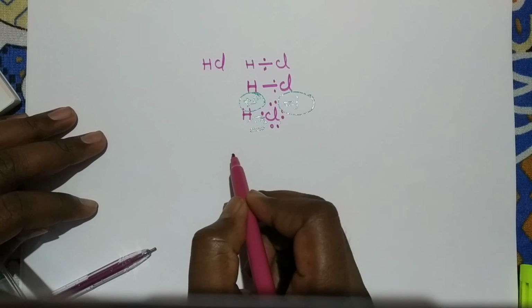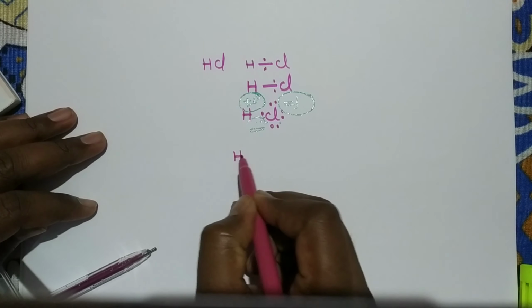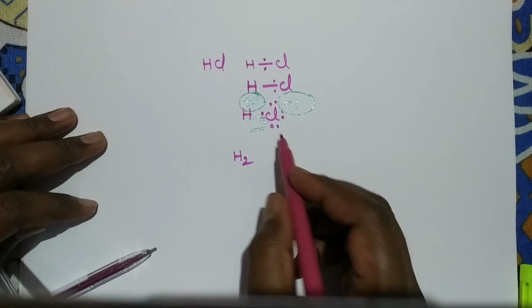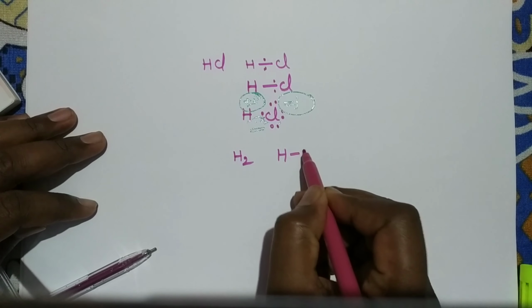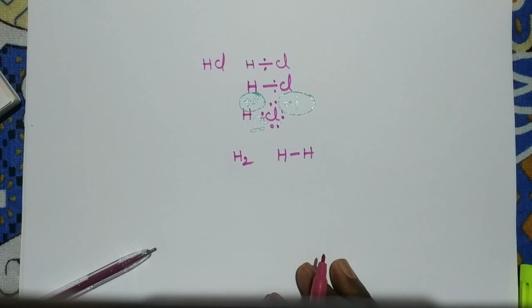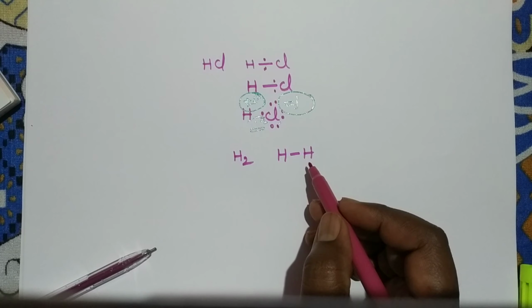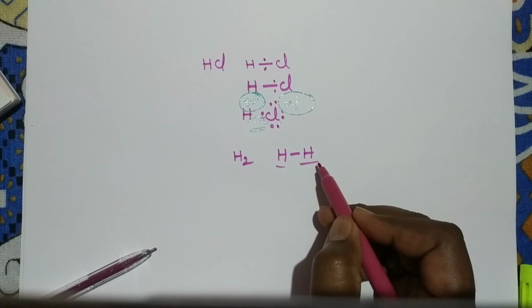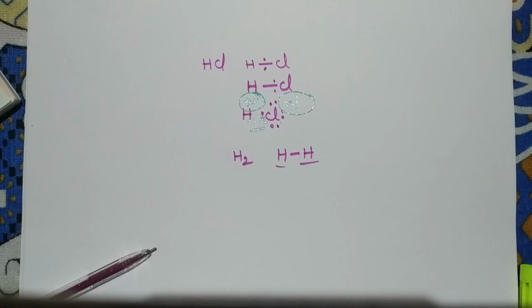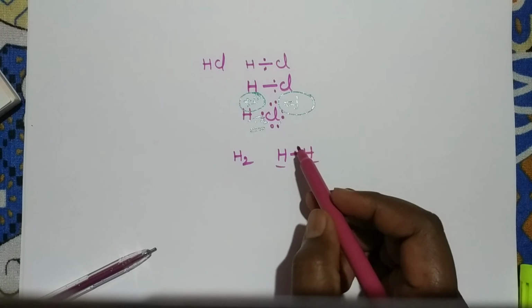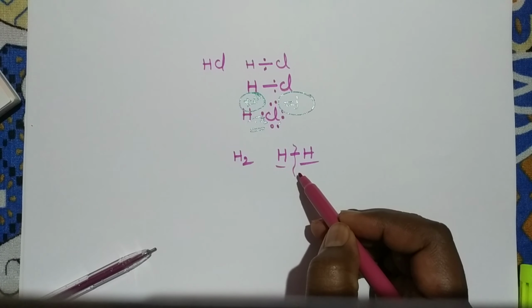Now one more covalent compound, H2. How many electrons are assigned to the more electronegative atom here? There is no more electronegative atom, because both are hydrogens with the same electronegativity, so the electronegativity difference is 0.